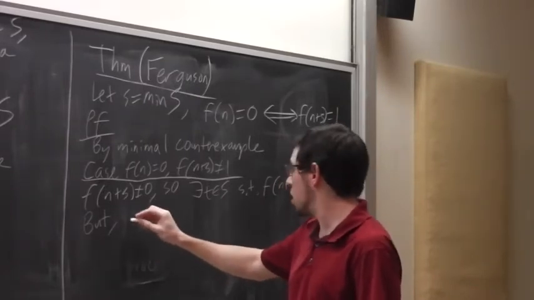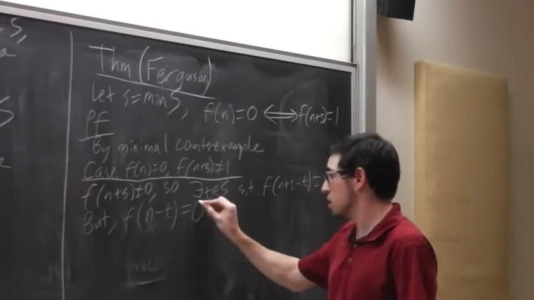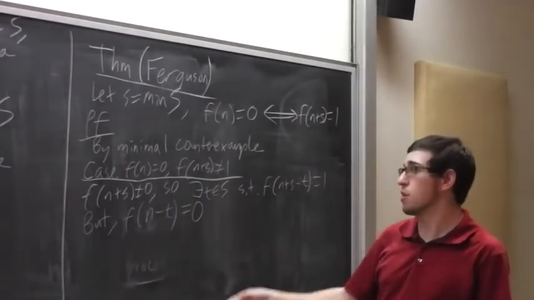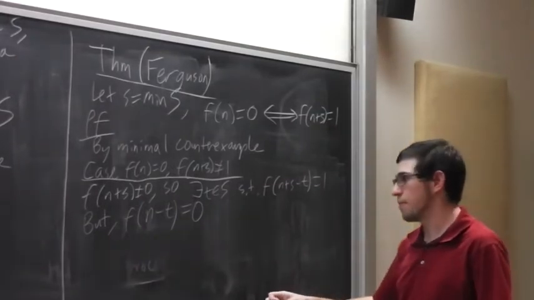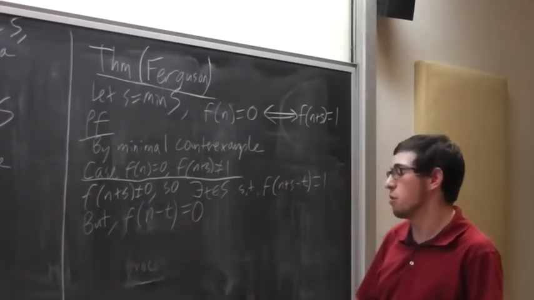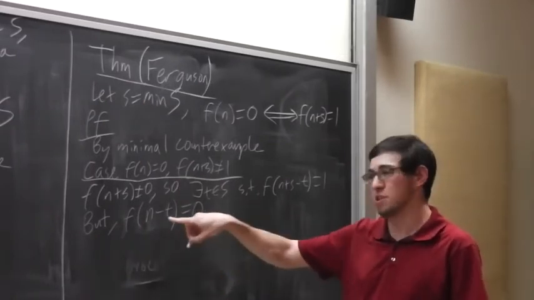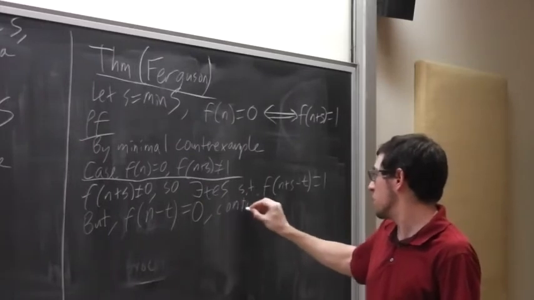And when we remove s counters, the Sprague-Grundy value was 0 because we assumed that n was a minimal counterexample. But since f of n minus t is 0, f of n can't be 0 because we can legally move here from n. So this contradicts f of n equals 0.